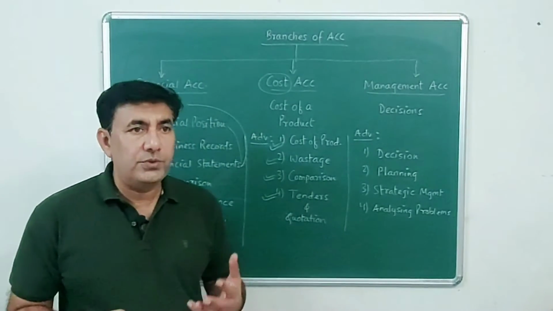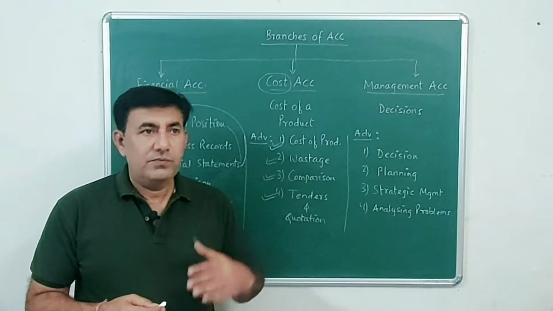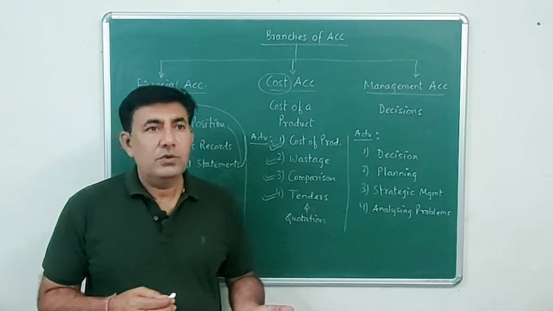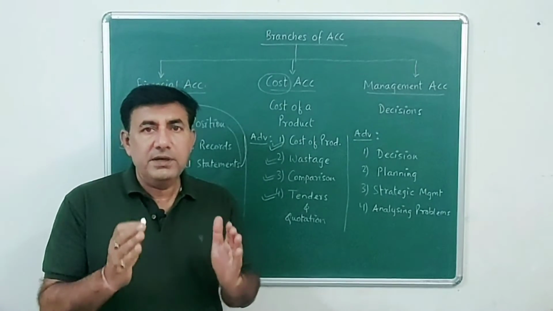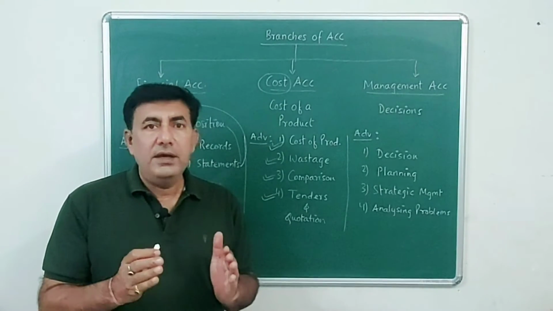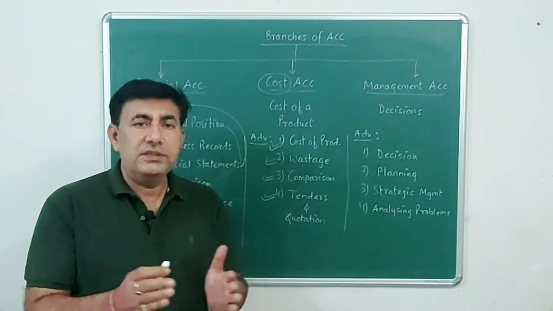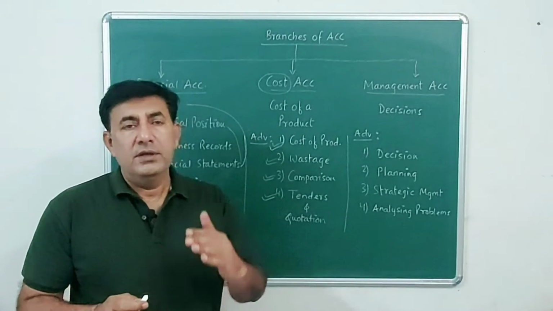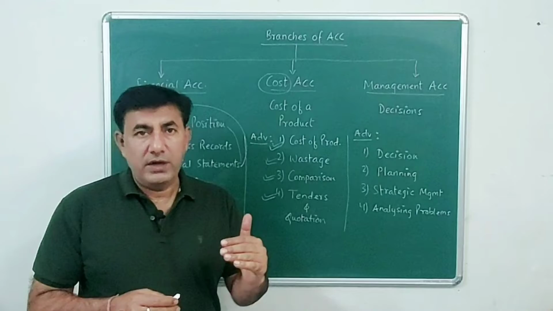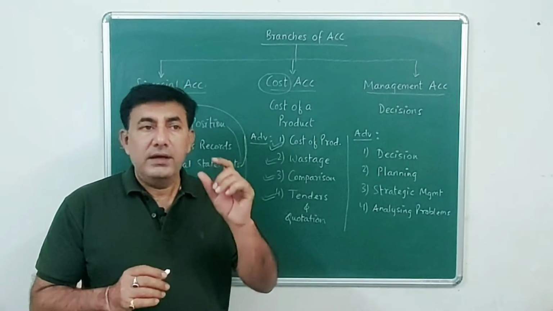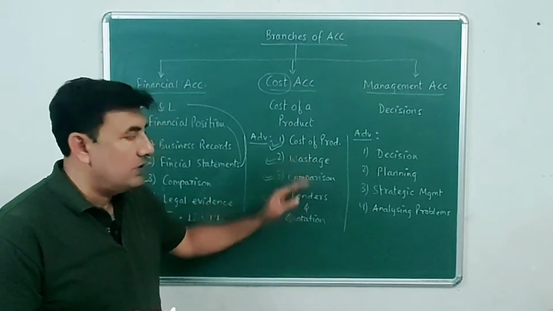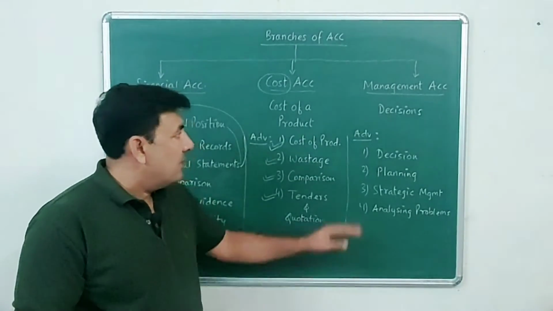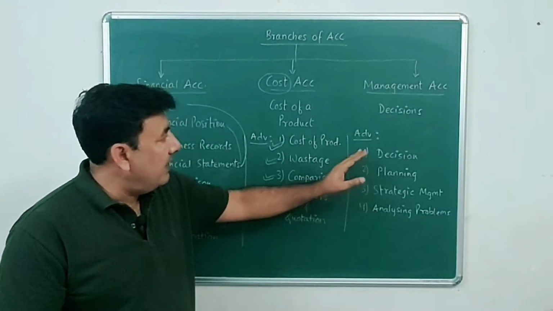Whenever a company wishes to get a big tender to supply its goods, it can do that with the help of cost accounting, because with a systematic cost accounting, the company can determine how much is the cost of production and how much should be the selling price of the product after keeping a reasonable profit of return, right? So these things you can mention, you can expand, very simple. Then comes management accounting and its advantages.